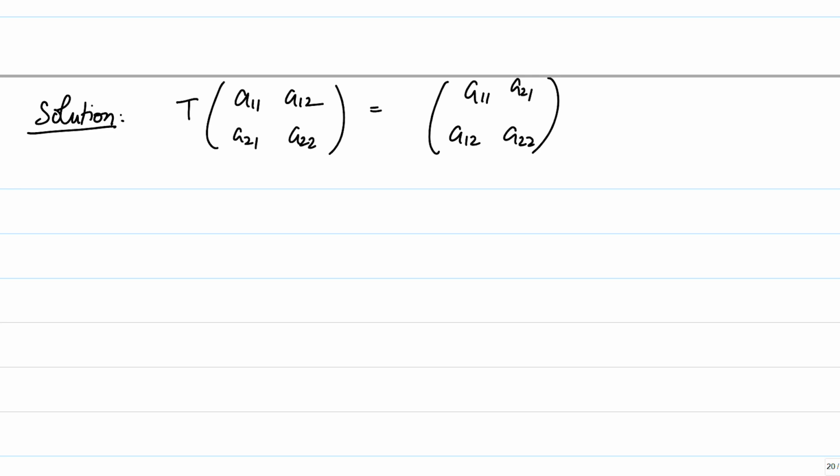So let me recall the relevant aspects and find the matrix here. In this case, T alpha alpha is a 4 cross 4 matrix.